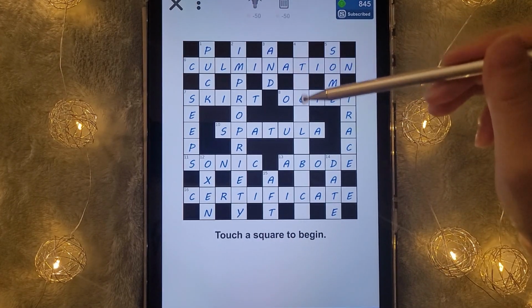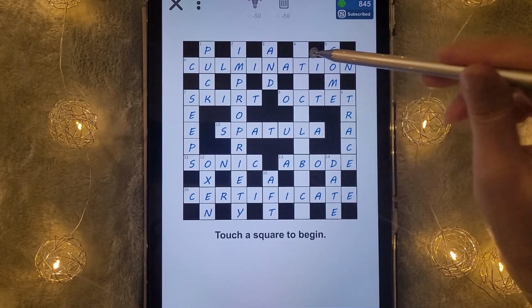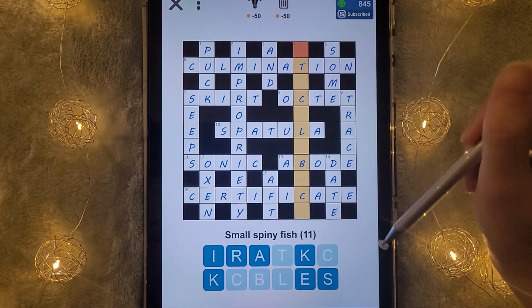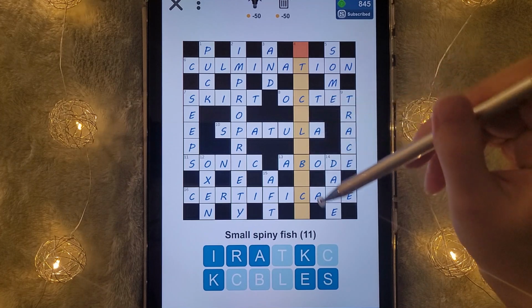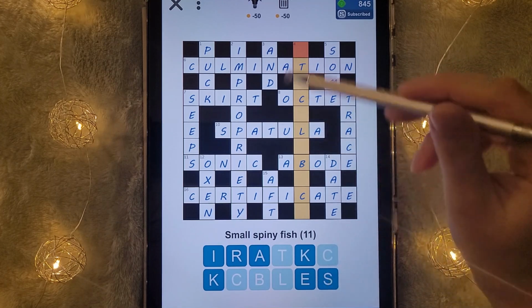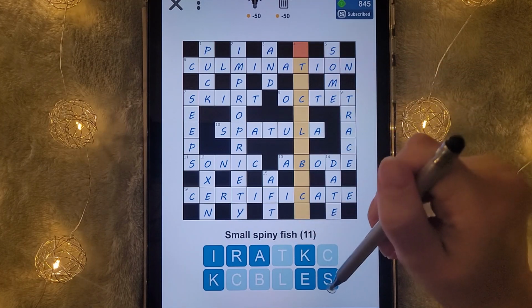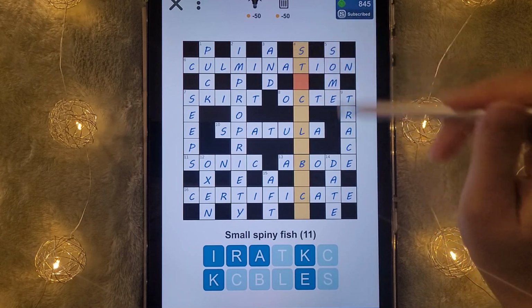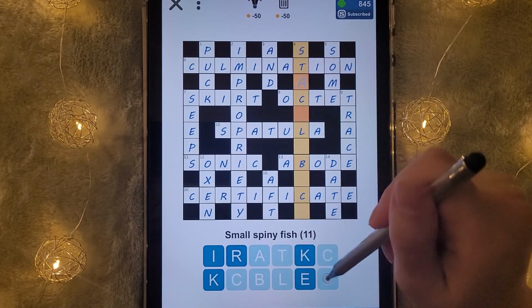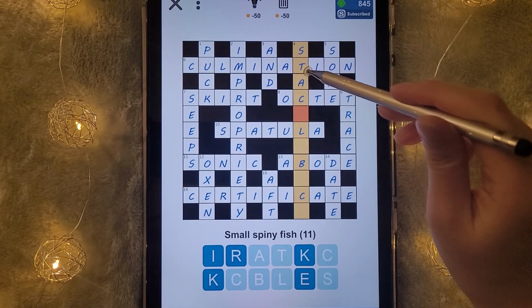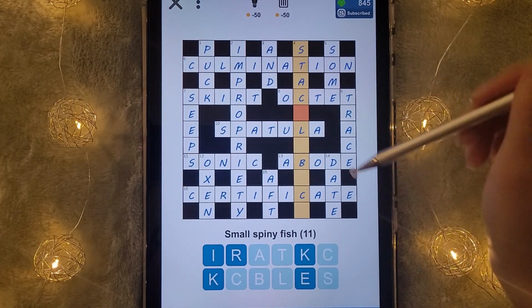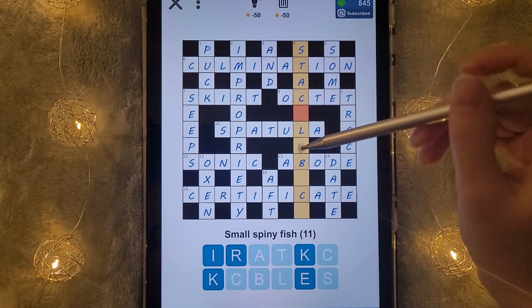Okay. So now we have filled in quite a few letters for 4. So let's take a look at this one again and see if I can get anything. Small spiny fish. I'm gonna guess that the S has to go there. Let's guess maybe an A. Honestly, any of the vowels kind of make sense to me there.